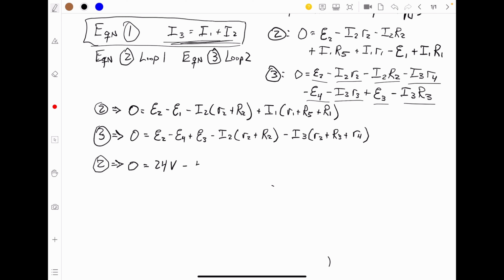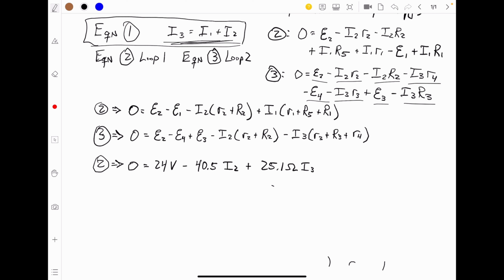So we've got 40.5 times I2. And then we're going to add big R1, so that's 5.1 plus R5, that's 25.1 ohms. Do I want ohms in there? I suppose. We should probably keep our units.